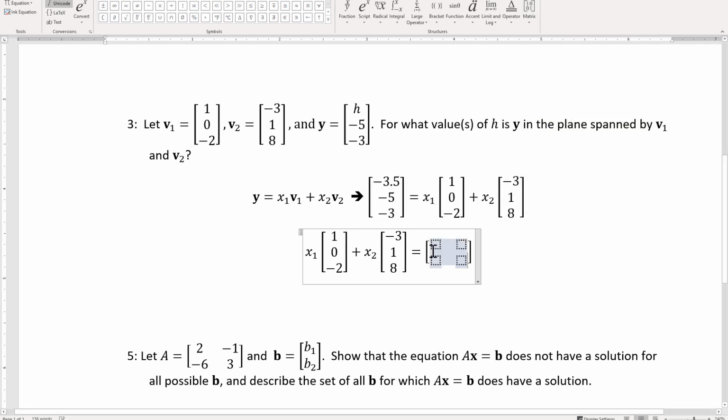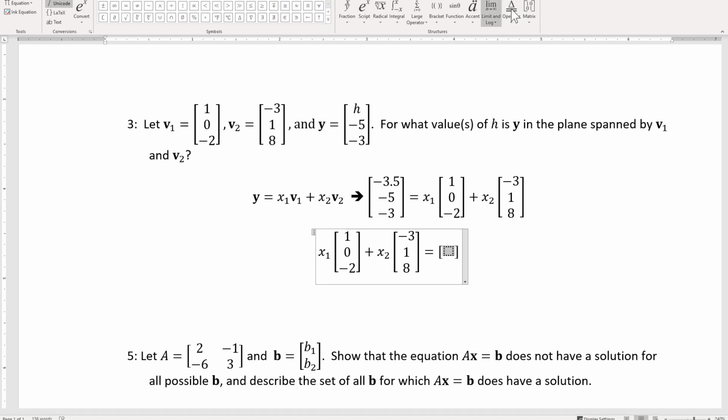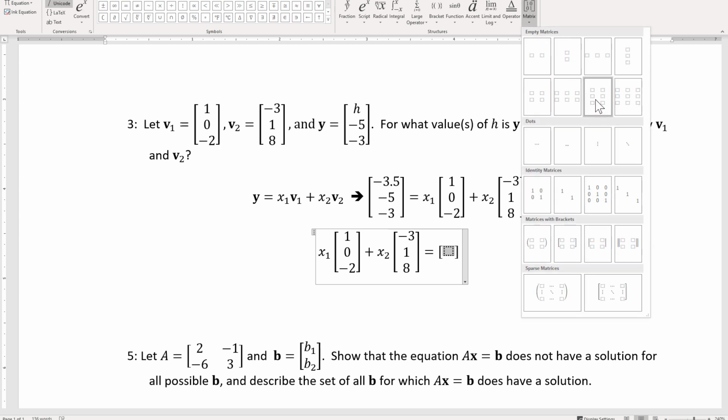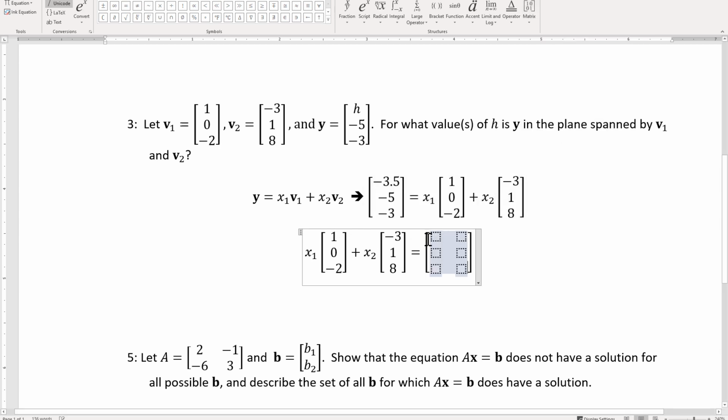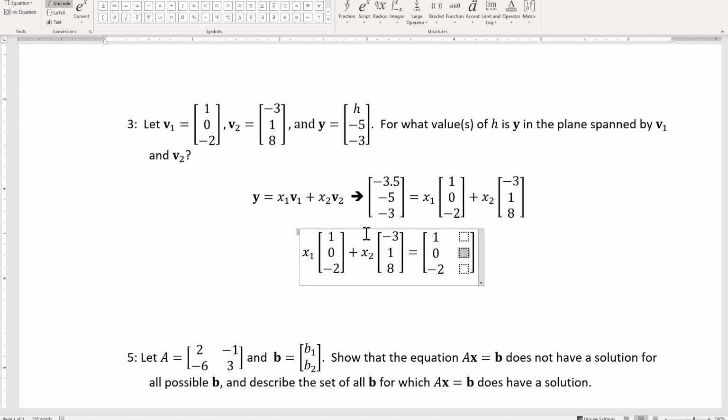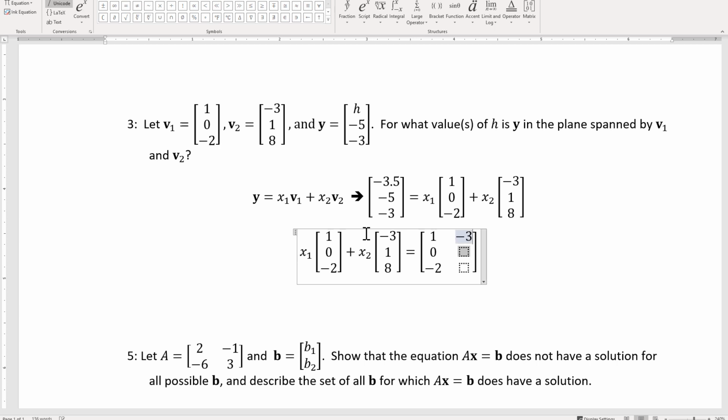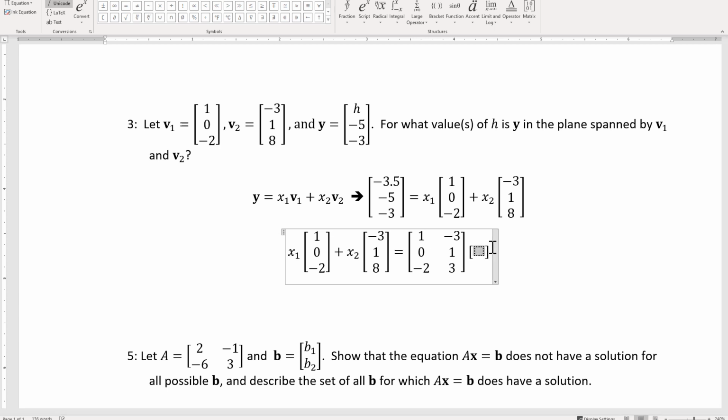It should end up being a 3x2 matrix, where the first column is essentially the first vector. That's 1, 0, minus 2. And then the second column is the second vector. And then what we have is x1 and x2.